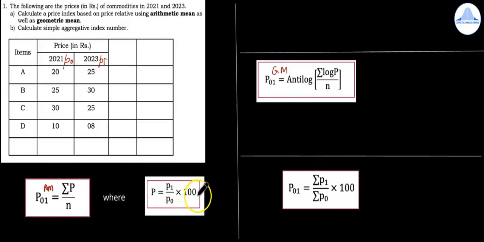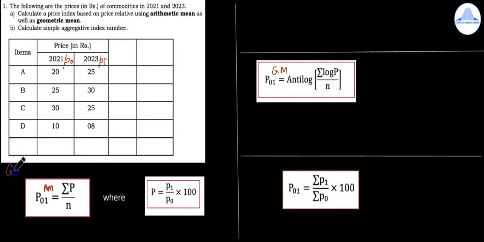So this is very important. Remember that it is always P1 by P0 into 100, and you can take 2 places after the decimal after rounding off for the P values, and N will be the number of items.